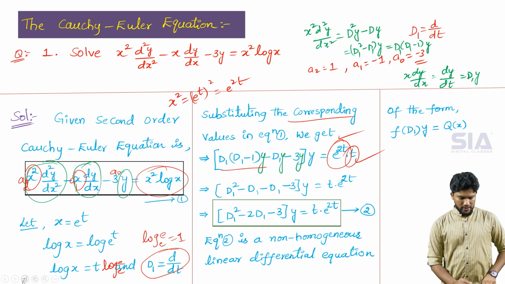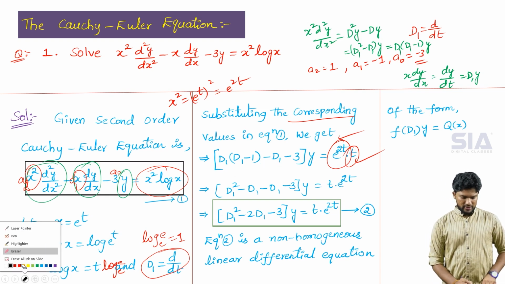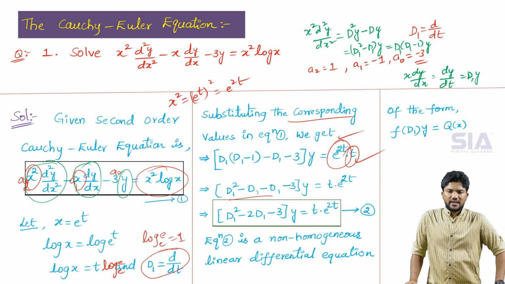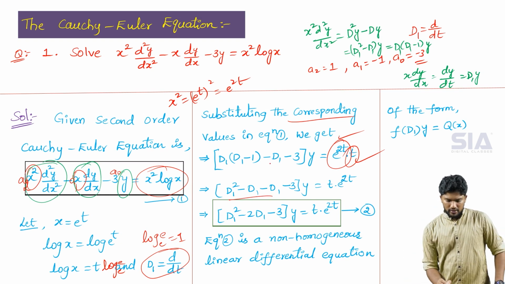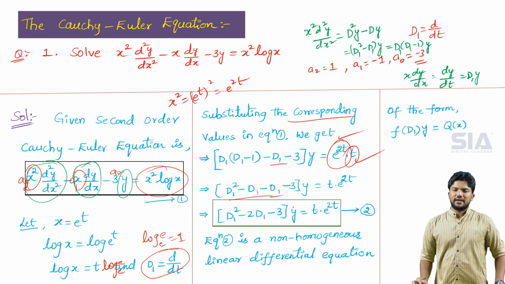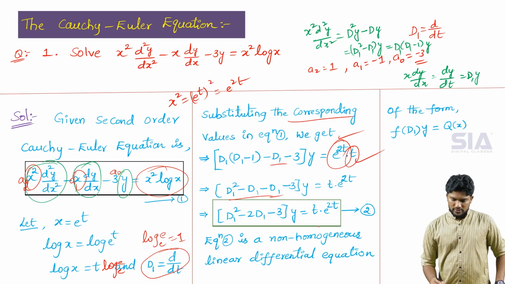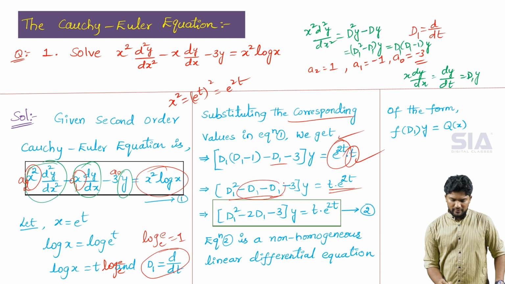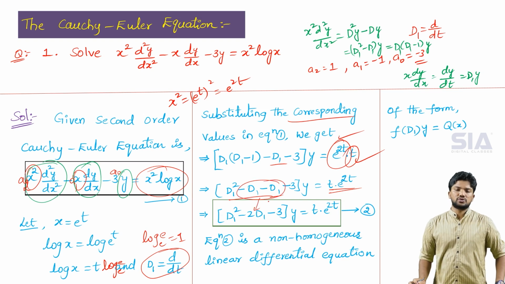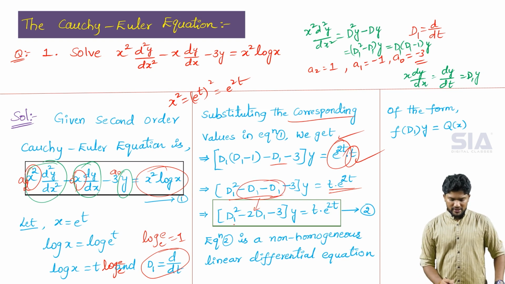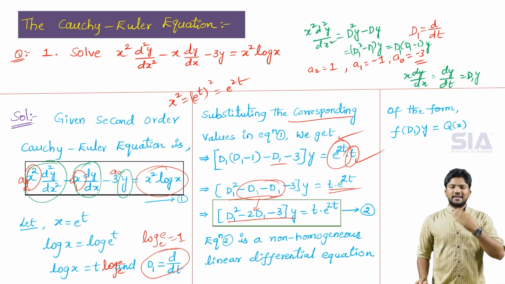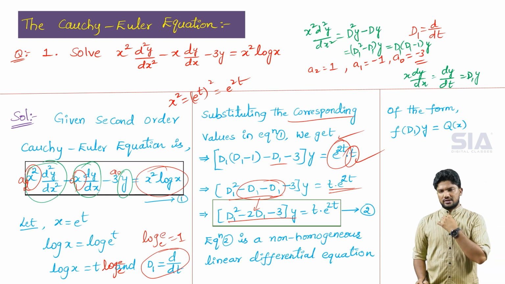So now from that equation we can write, multiply with D1 square minus D1 and minus D1 as it is, minus 3 into y is equal to t into e power 2t. So minus D1 minus D1 you will get minus 2D1. Therefore D1 square minus 2D1 minus 3 into y is equal to t into e power 2t.